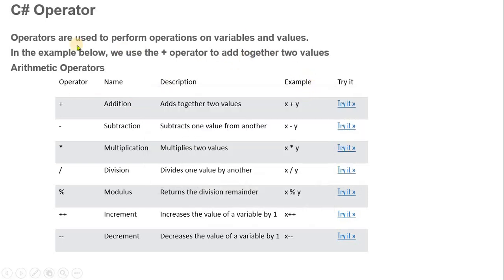So operators are used to perform operations on variables and values. In the example, we used the plus operator to add together two values; these are all arithmetic operators. Simple, this all we know. Modulus is just like division, where in mod we consider the remainder value; increment is plus 1, decrement is minus 1.